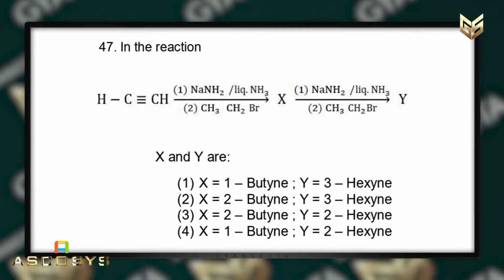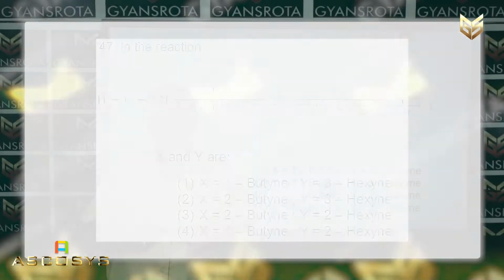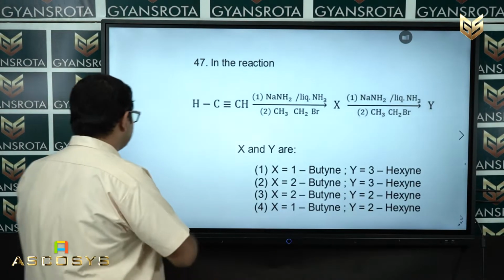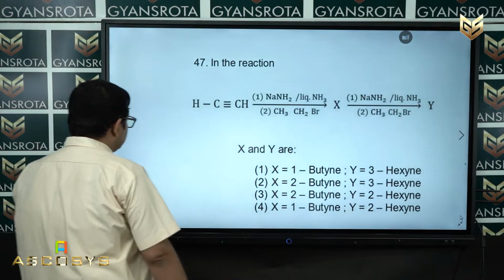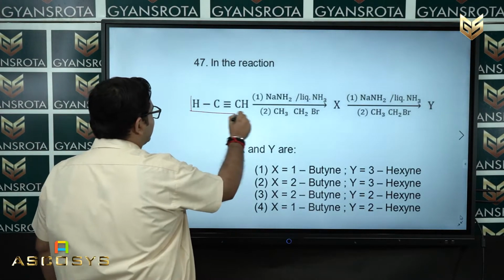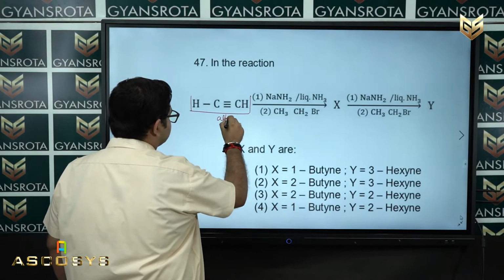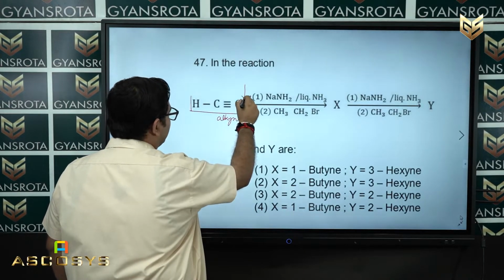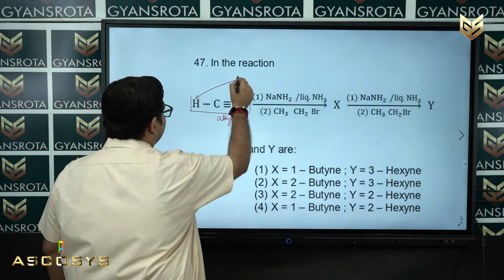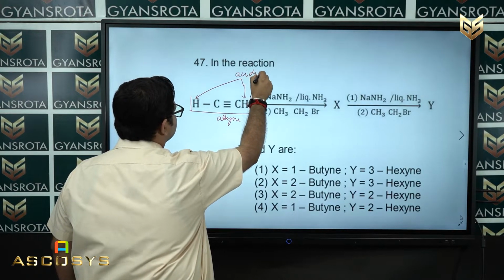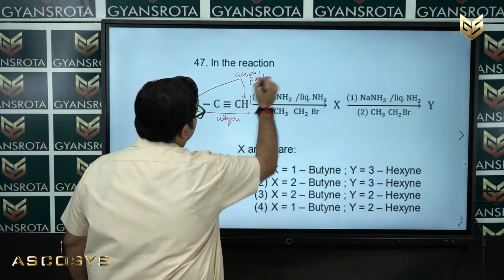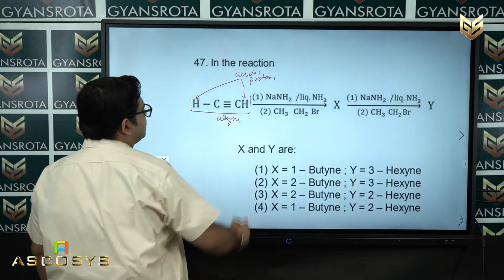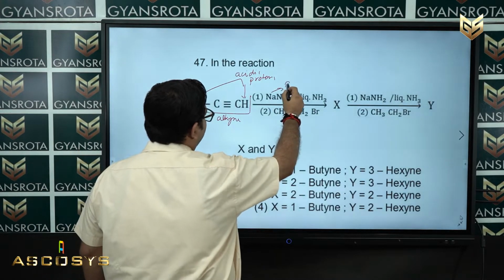Question number 47 is on your screen. In the reaction, they have given one reaction and they ask you what is X and what is Y. Now we are moving to the solution part. Now, if you see, this is your alkyne part, and in the alkyne, this one and this one, these two are acidic protons. NaNH2 in liquid ammonia will act as a base.